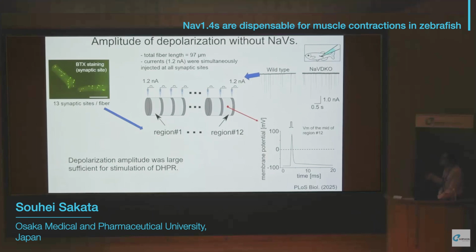And we postulated that the 1.2 nanoamp current is simultaneously injected at all synapses, and we calculated the membrane potential. The membrane potential is over 0 millivolts, suggesting that the depolarization amplitude was large, sufficient for stimulation of the DHPR.